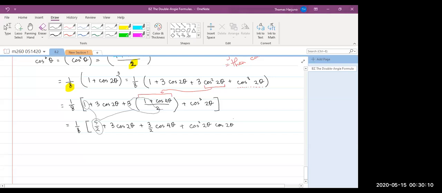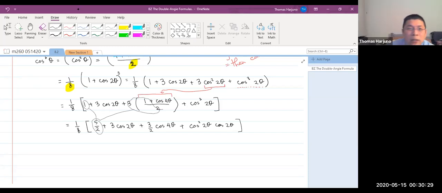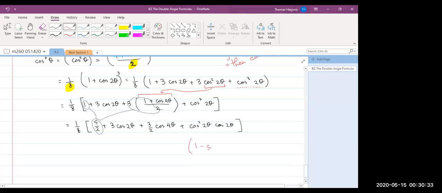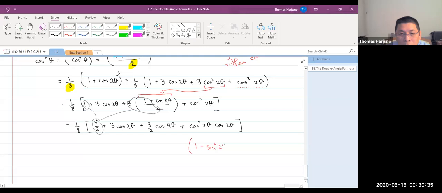We can write the cosine 2 theta as, can we write it as cosine power 2 minus sine power 2, or 1 minus sine power 2? You can, but let me hypothetically do it here. So this is 1 minus sine square 2 theta times cosine 2 theta.